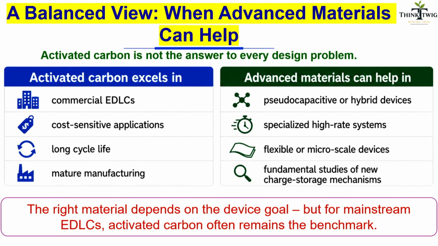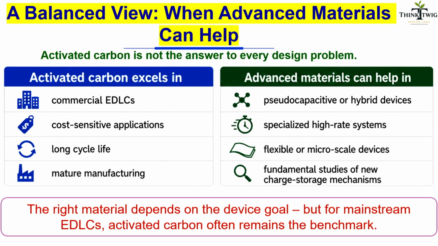This point is essential. Activated carbon remains a benchmark for mainstream EDLCs, but that does not mean every future supercapacitor must use only ordinary activated carbon. Different device goals can require different materials.